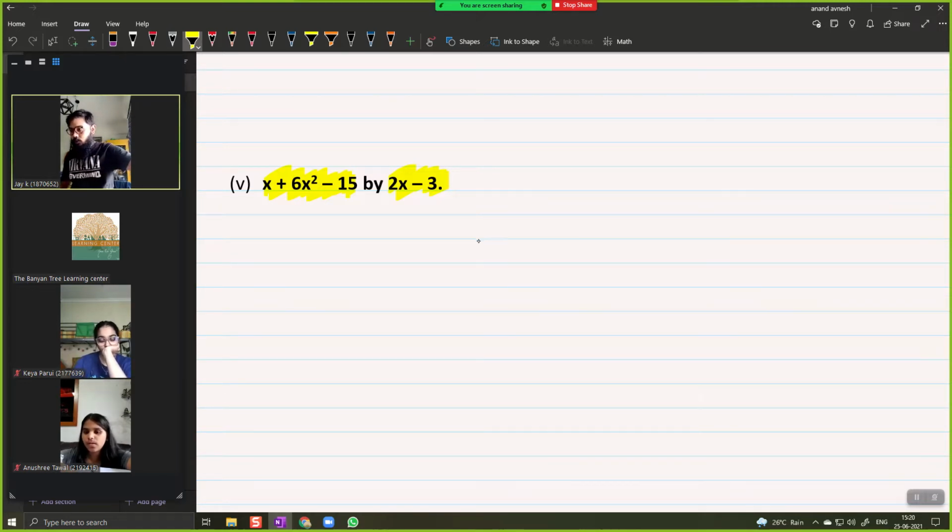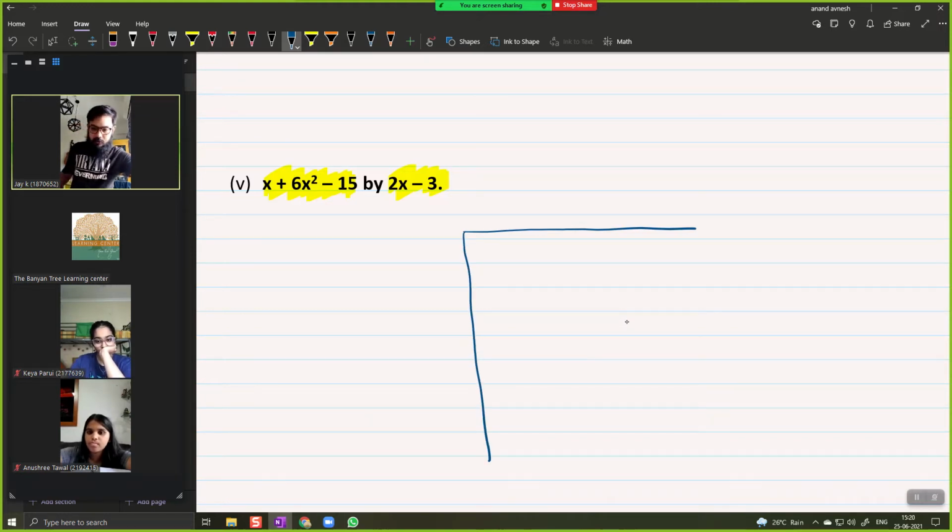So what you do is, first you make a box like this, just like how you do in the division. Your dividend you write inside this box, but in a certain way. Now see here, what is the highest degree? 6x square, then plus x, then minus 15.